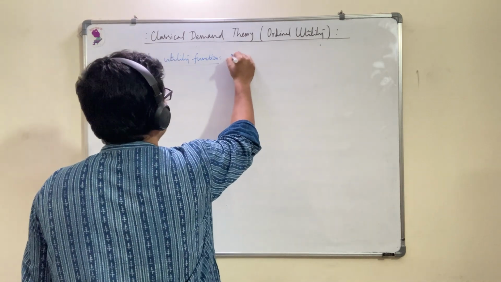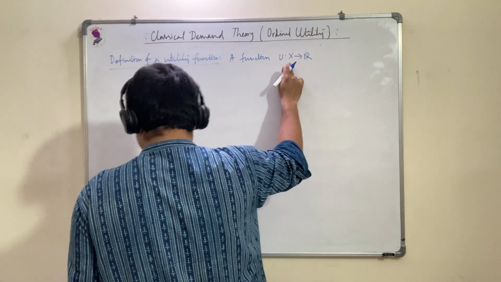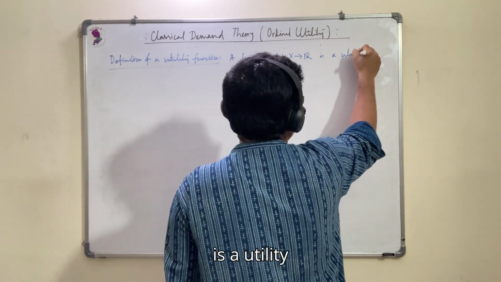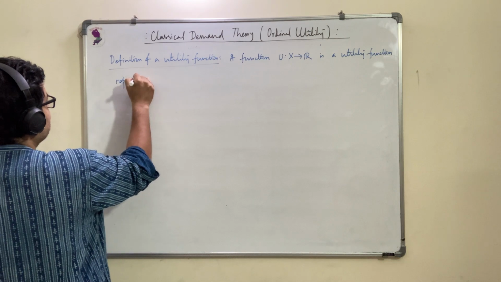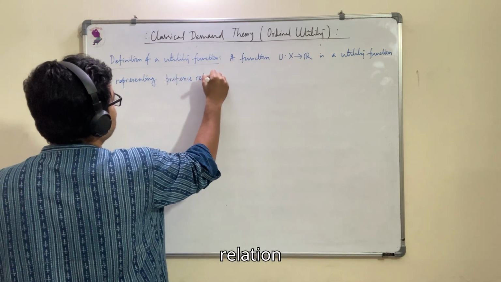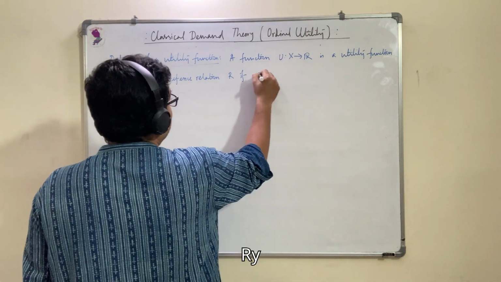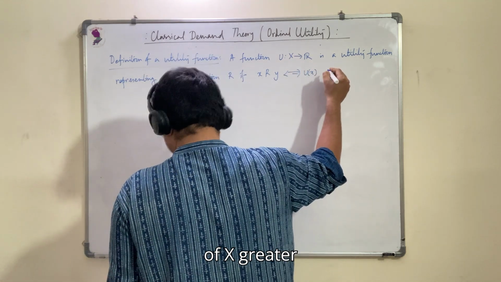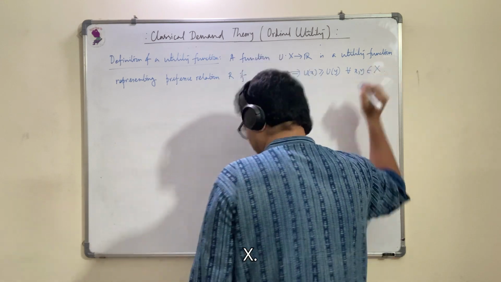A function u mapping from X, the consumption basket set, to R is a utility function representing preference relation R if x R y if and only if u(x) is greater than or equal to u(y), for all x, y belongs to capital X.